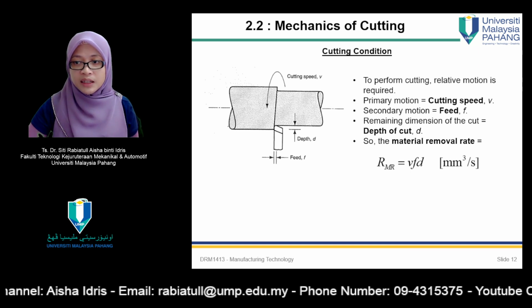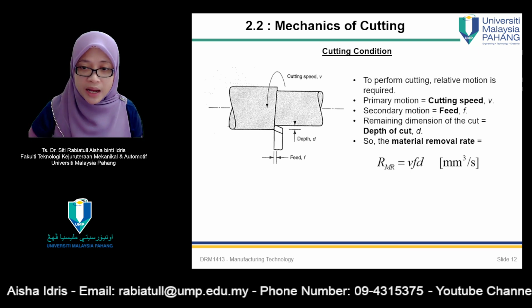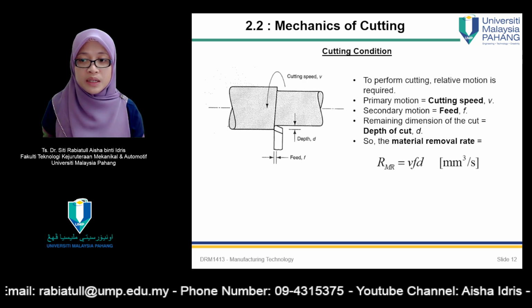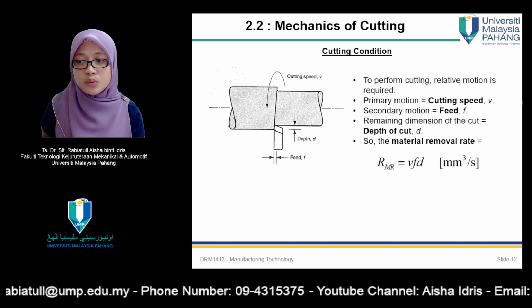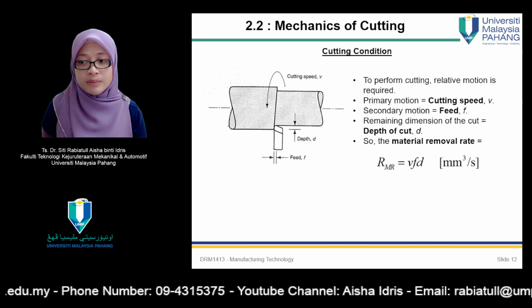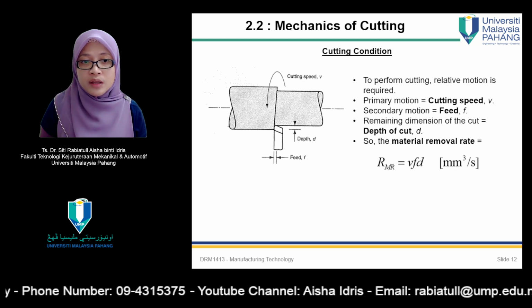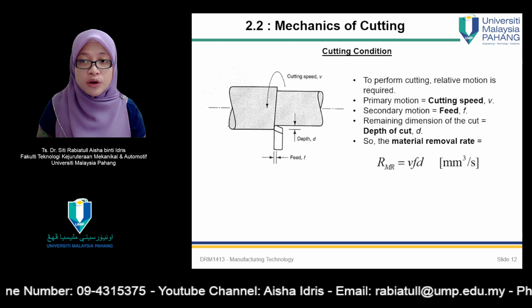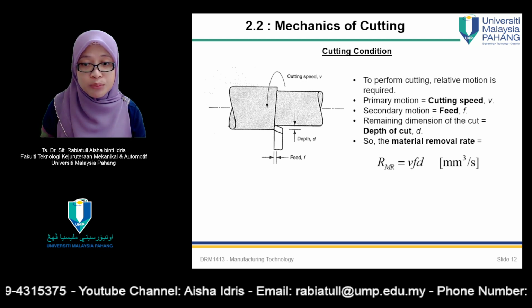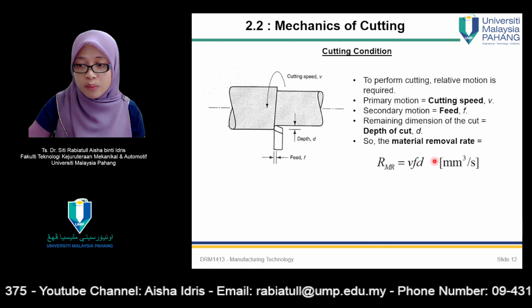In mechanics of cutting, like I mentioned earlier, the most important parts are cutting speed as well as feed, which is f. Other than that, depth of cut. The thing that we are going to calculate in mechanics of cutting is the material removal rate using the formula given.